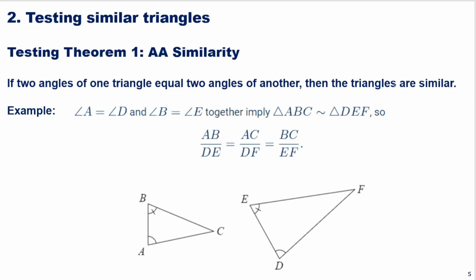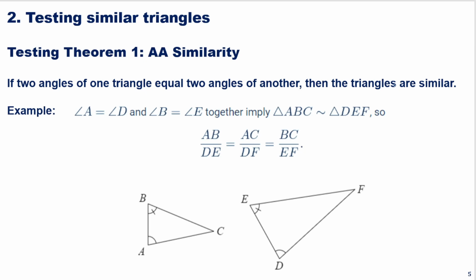The first one is called AA similarity, which states that if two angles of one triangle equal two angles of another, then the triangles are similar.